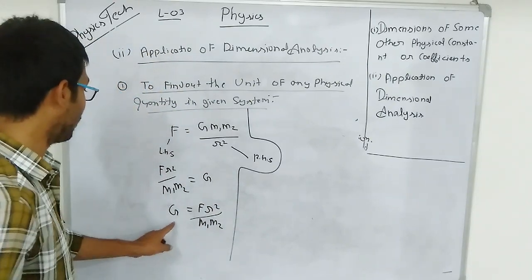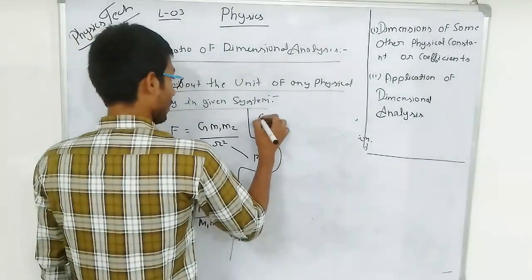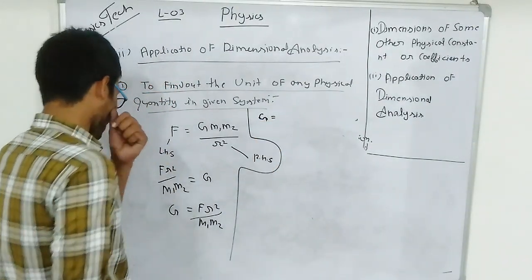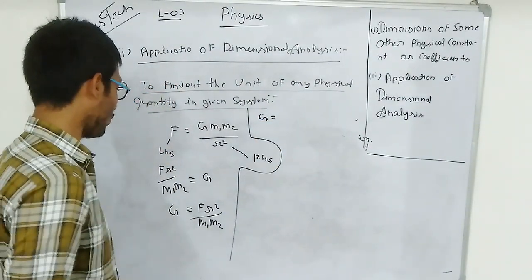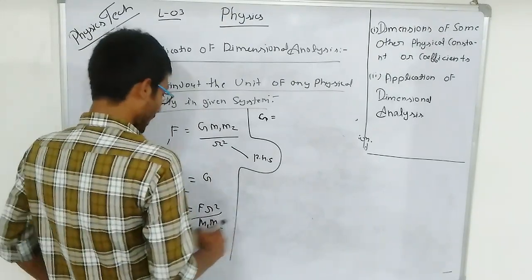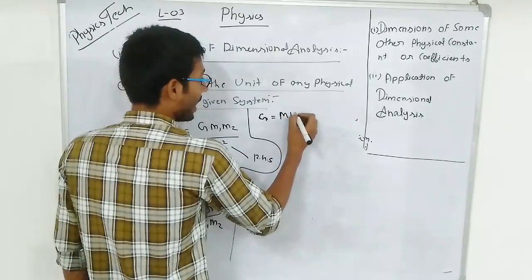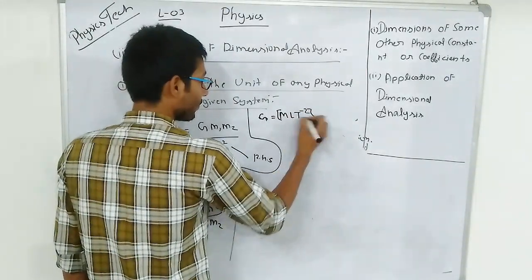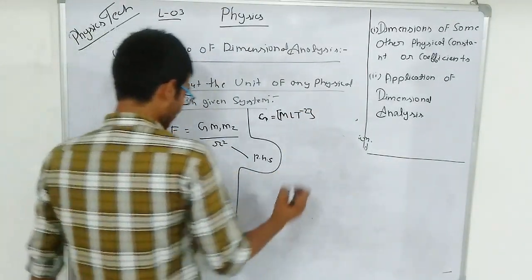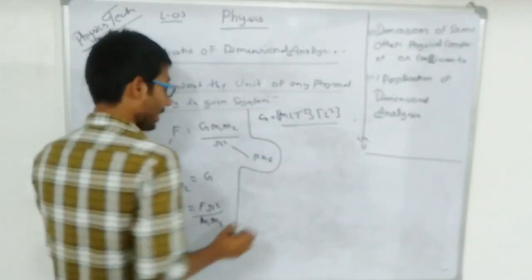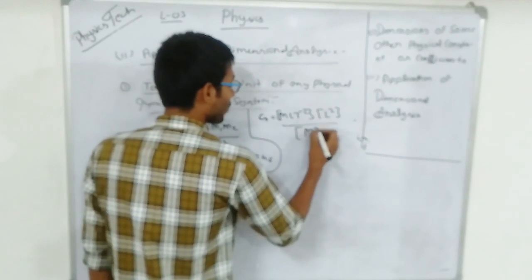Now G is equal to F, and we know that the dimensional formula of F is M L T base minus 2. R is equal to L base 2, and m1 and m2 give capital M base 2.